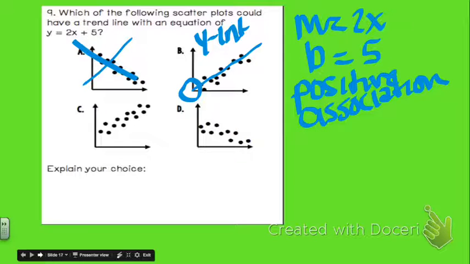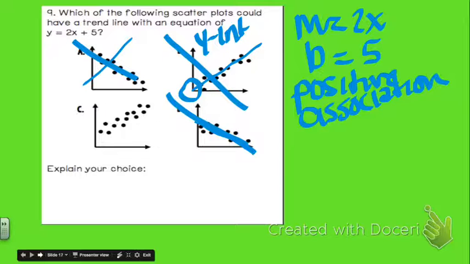So we know that B can't be correct because it has a y-intercept of 0, and my y-intercept needs to be 5. So B is out. I can look at D and tell that it's out because it is a negative slope. So that leaves me with C.